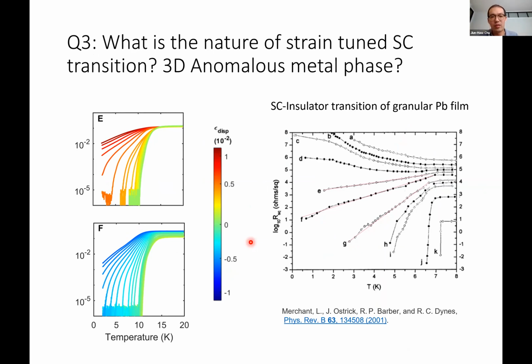Now the question is, let's say you really turn off this coupling, or somehow you have a fictitious system where you fix the strain to be 0, so that the system doesn't move. Does the electronic system still spontaneously try to form an anisotropic state?